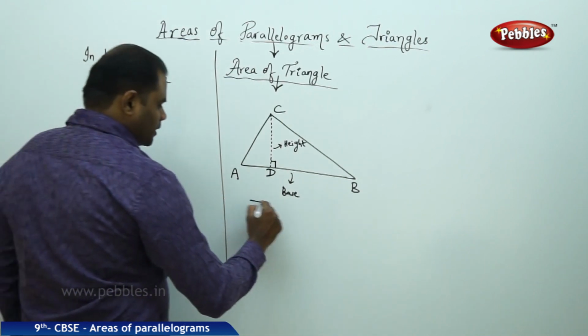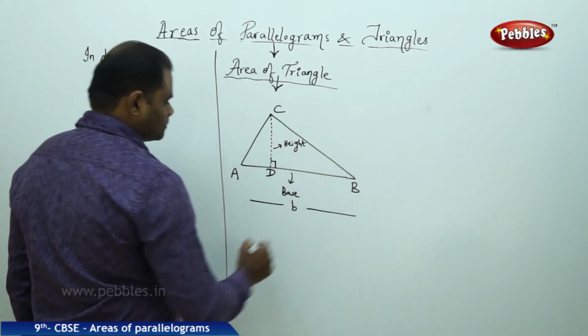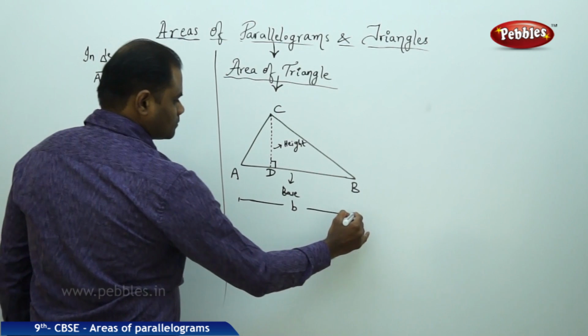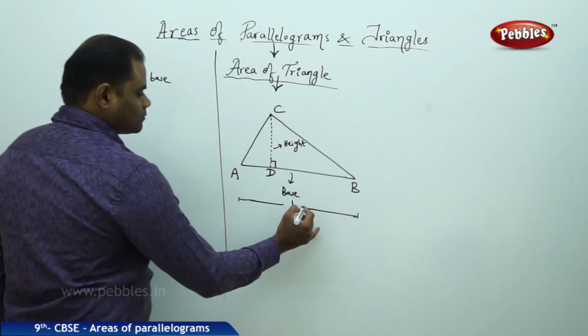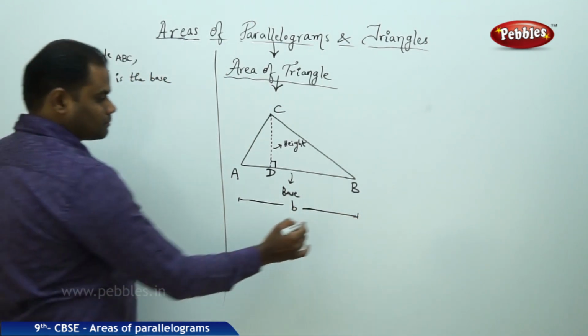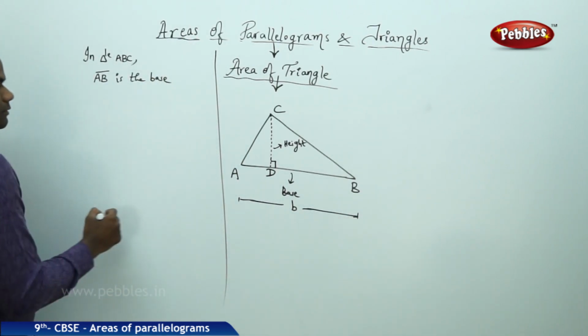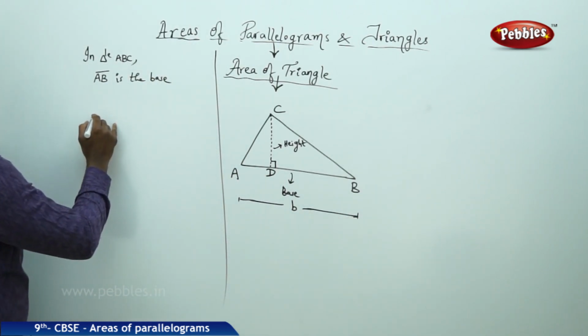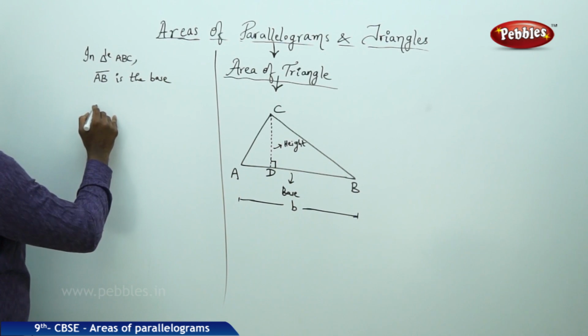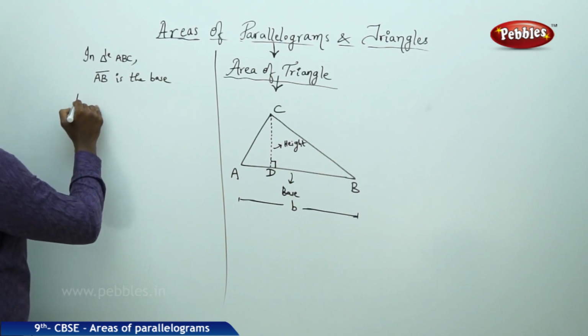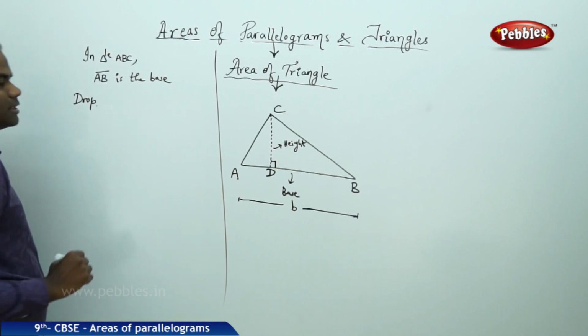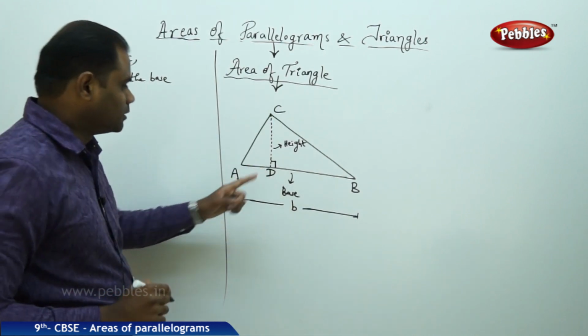And let me denote the base with B. Then I have CD, which is obtained by dropping a perpendicular from C.